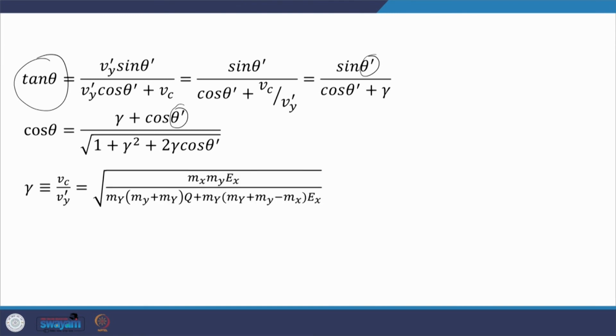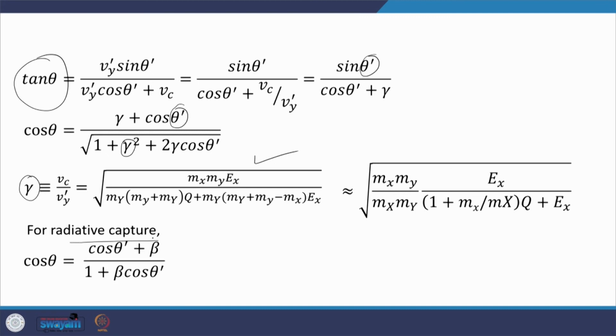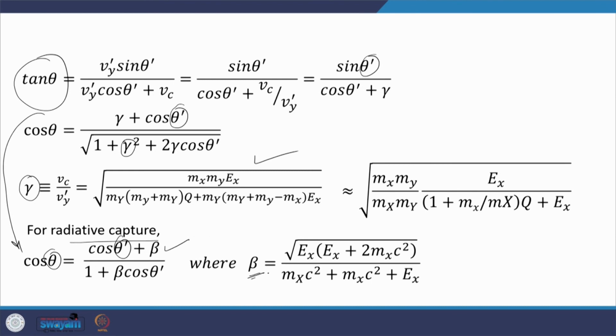Here this gamma is not gamma ray, it is just some constant, some symbol, so please do not get confused. This can be represented by this relation, which can be approximated by this relation. If we consider radiative capture, then cos theta can be simplified as this relation, where you can see the relation between theta and theta prime, and where beta can be written like this.